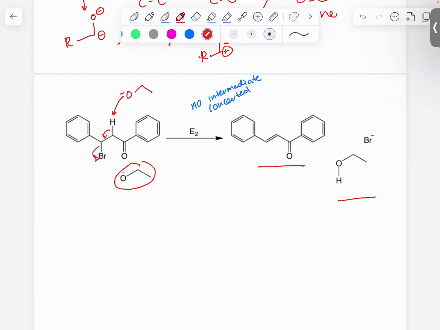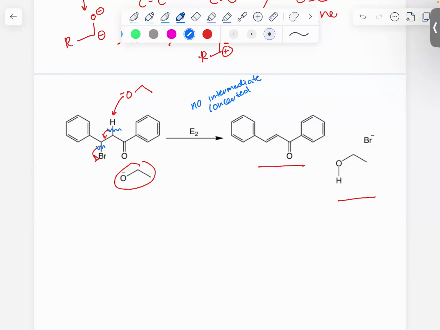Other questions? How would you approach this question with disconnection analysis? I like that answer. We need a little bit more though.